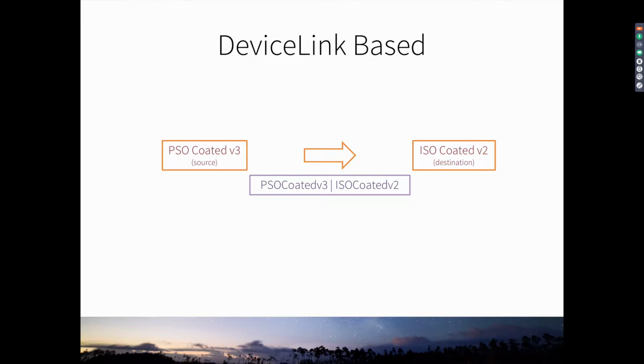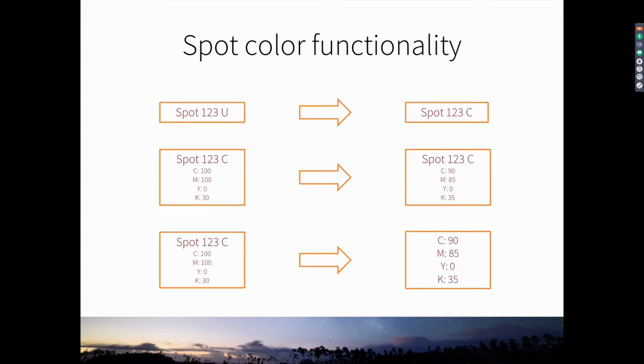But if my document also contains Japan-coated images, then I will also need a Japan-coated to iso-coated DeviceLink profile. For each pair of color spaces between which I want to do a color conversion, I need a specific DeviceLink profile that matches that particular source and destination color space.